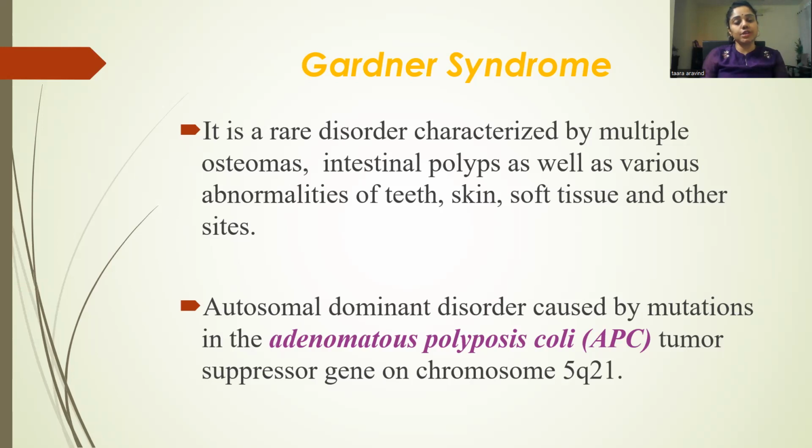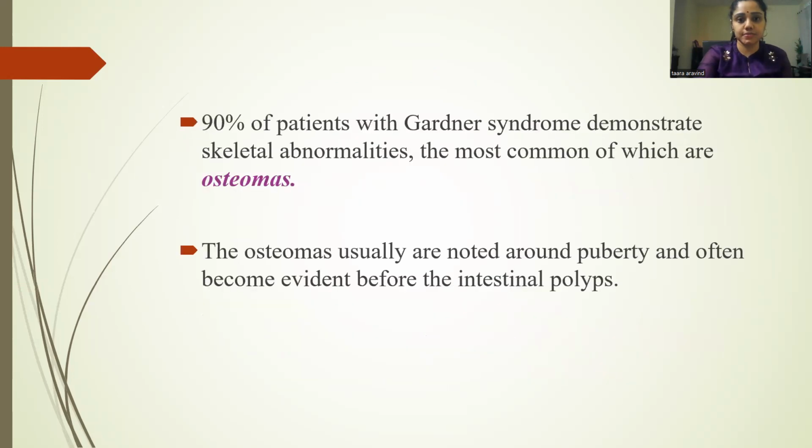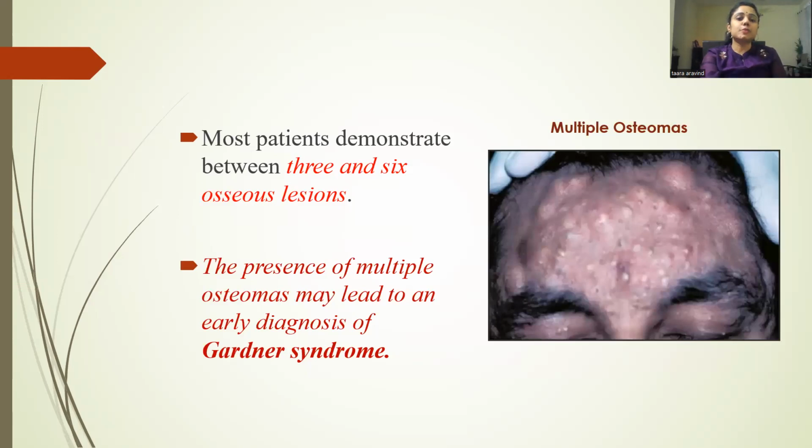It is an autosomal dominant disorder caused by mutation in the adenomatous polyposis coli tumor suppressor gene. 90% of patients with Gardner syndrome demonstrate skeletal abnormalities, the most common of which are osteomas. The osteomas usually are noted around puberty and often become evident before the intestinal polyps. Most patients demonstrate 3 to 6 osseous lesions. The presence of multiple osteomas may lead to an early diagnosis of Gardner syndrome.